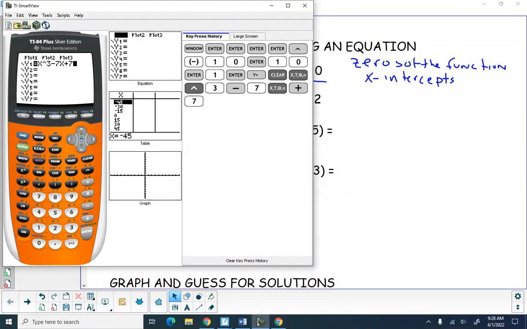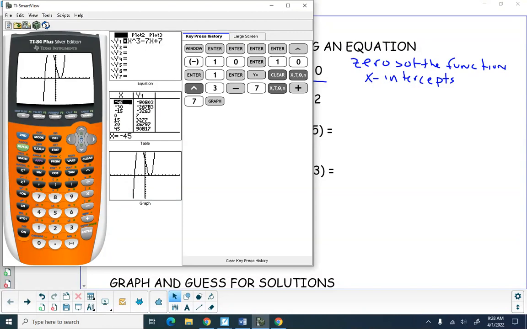And if we take a look at the graph, we can see we hit our x-axis at 3 different points.